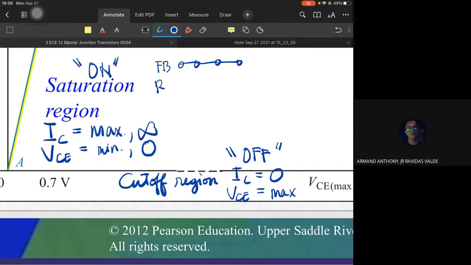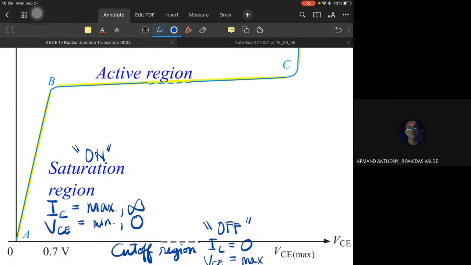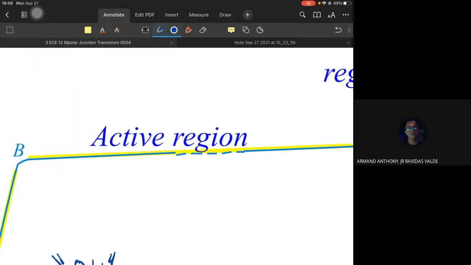Whereas if the diode is reverse biased, it is an open circuit: current is 0, yet voltage is maximum, or in this case, the supply voltage. As a reminder, if we want our BJT to act as an amplifier, we use it in the active region.